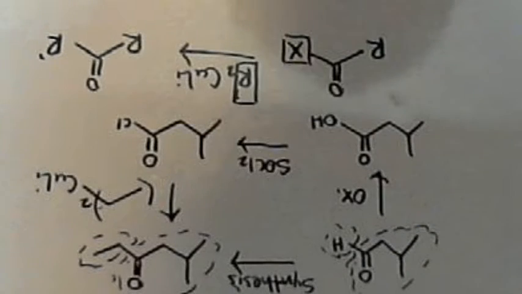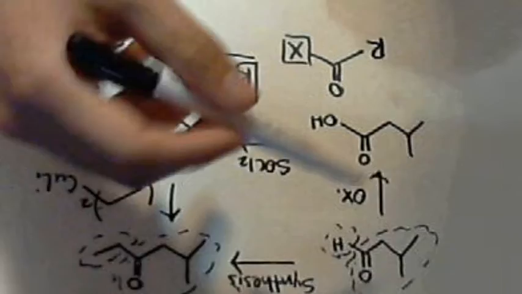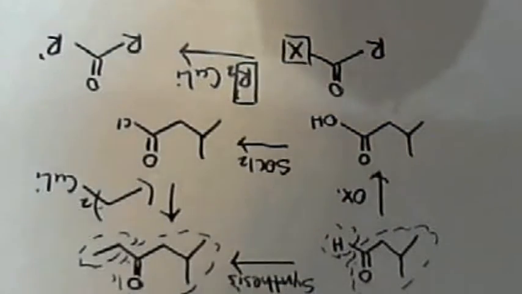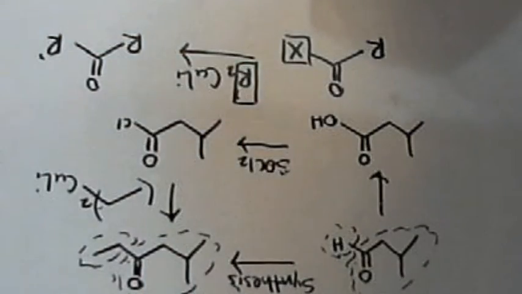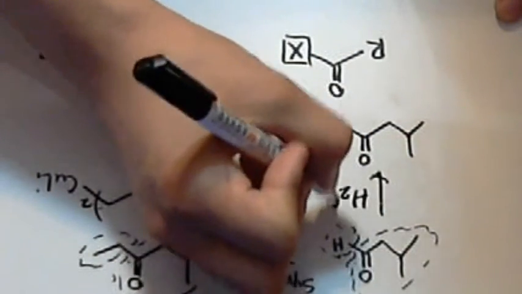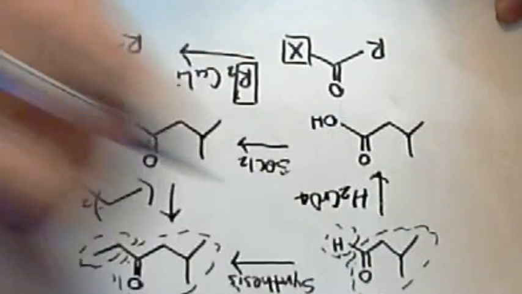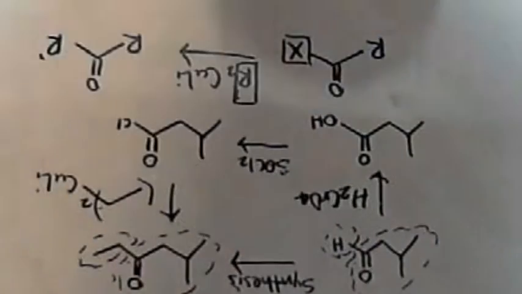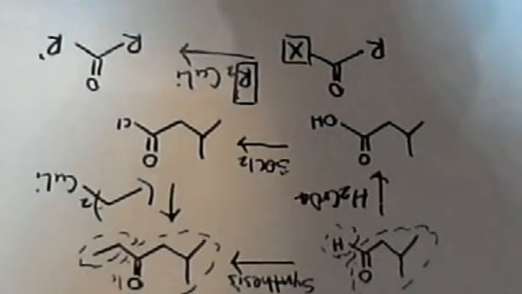And the final step is to actually map out the synthetic pathway. We've already done that here. The only thing we need to formalize is replace oxidize with our oxidizing agent, which is chromic acid. That's your go-to if you want to oxidize something all the way. Go with chromic acid.